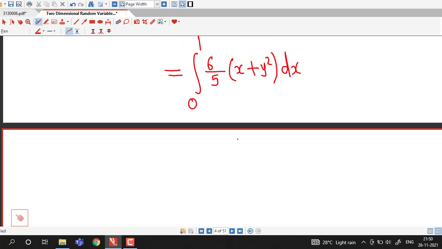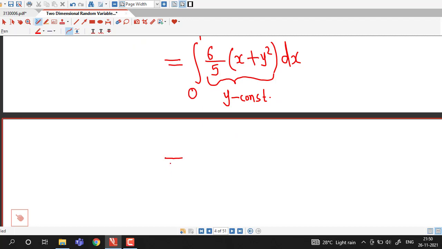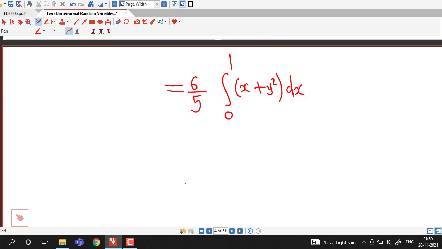So now we can integrate this easily, but we will take care that here integral is with respect to x, so we will consider y as constant, and we take this 6 by 5 outside. We can write one more step, integral from 0 to 1 of x plus y square. Integration is with respect to x, y will be considered as constant.